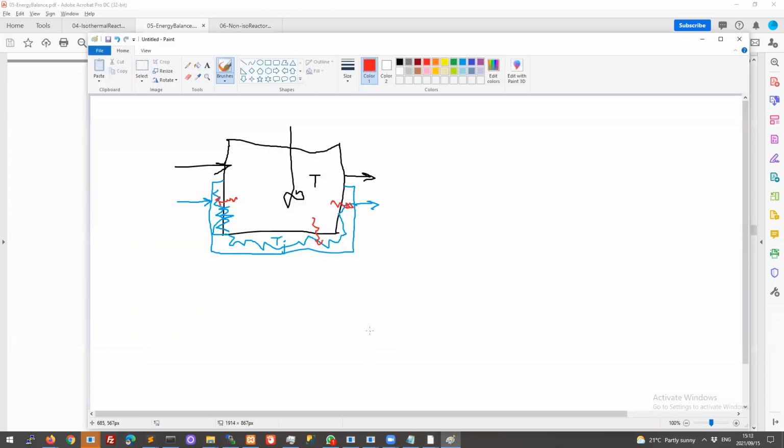So we can define some overall heat transfer coefficient between the reactor and the jacket. You will recall from the heat transfer course, you can think of an internal film, then a conduction across the wall, and then a certain other film there. And by the end of the day, there's some overall heat transfer coefficient that summarizes all of that.